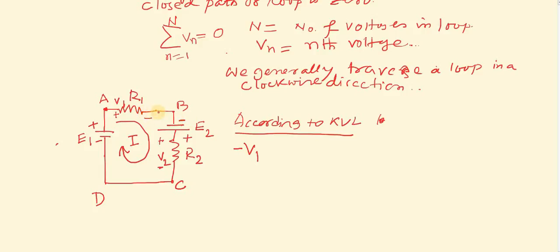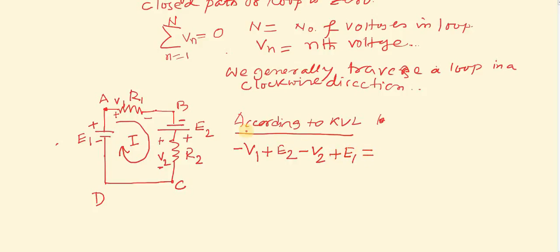Now come in the clockwise direction. While leaving we encounter a positive symbol, so write E2. Then again a negative symbol, so write the voltage across the resistance R2 as negative V2, and again we go on, and this is positive, so write E1.